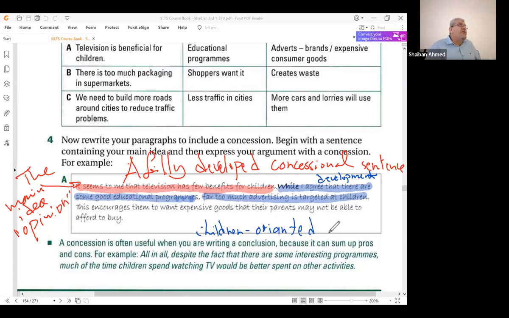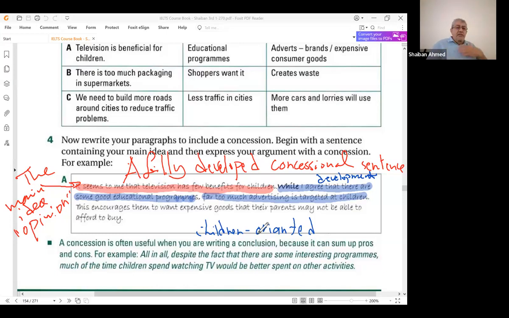So we say women-oriented advertisements, only for women. Young people-oriented movies and advertisements, so they only target the young. So this is called children-oriented, women-oriented, men-oriented, teenagers-oriented. This is a very nice one.